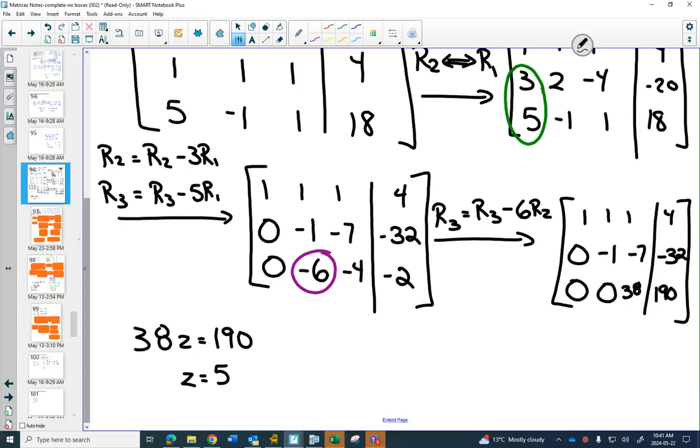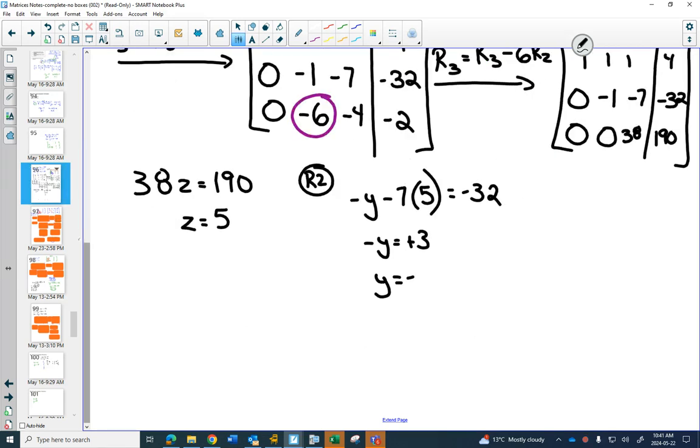We go to row 2. If I look at row 2, this means that negative y minus 7 times z, which I now know is 5, has to equal negative 32. Which means negative y equals add 35 to both sides, plus 3. So y is equal to negative 3.